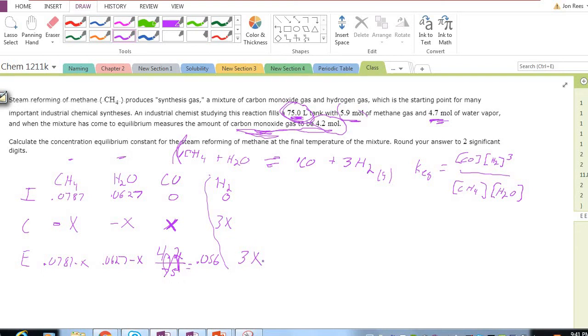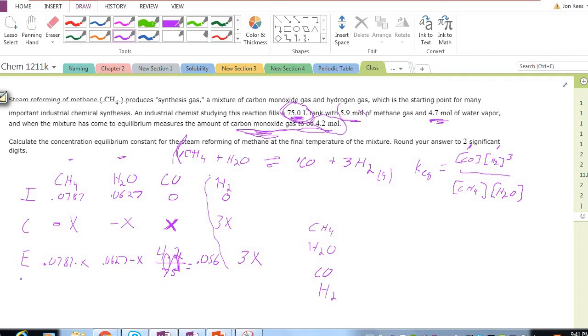These are my equilibrium concentrations, so if I can calculate each of these, I can just put them into my equilibrium equation and solve. Since I already know that X is 0.056, I'm just making a little table for myself with CH4, H2O, CO, and H2.